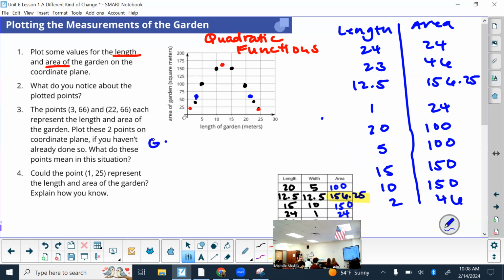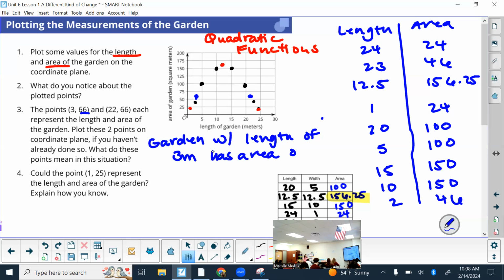If you want to write this down for the 3: a garden with a length of 3 meters. And then Cranky, how do we interpret the 66? So we can say a garden with a length of 3 meters has an area of 66 meters squared.